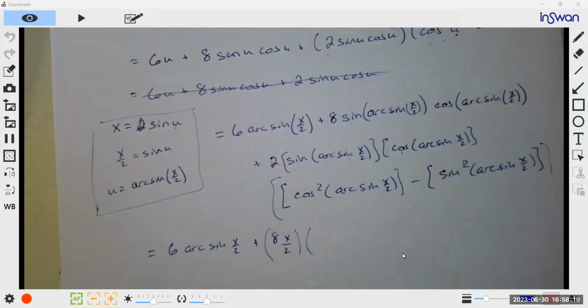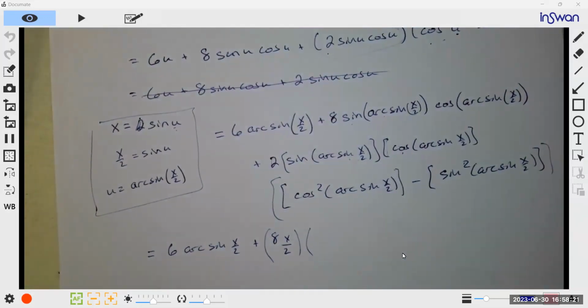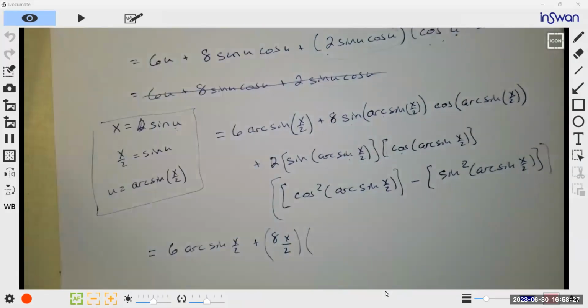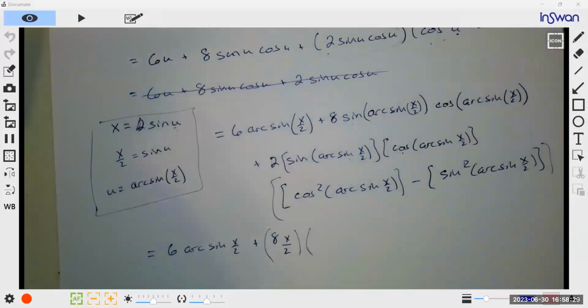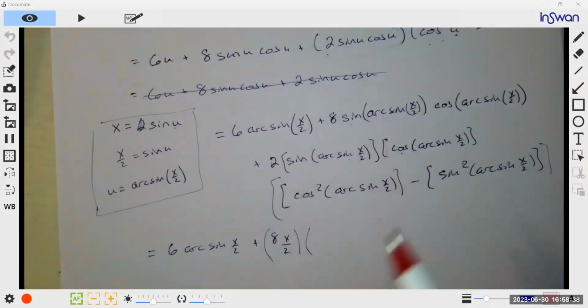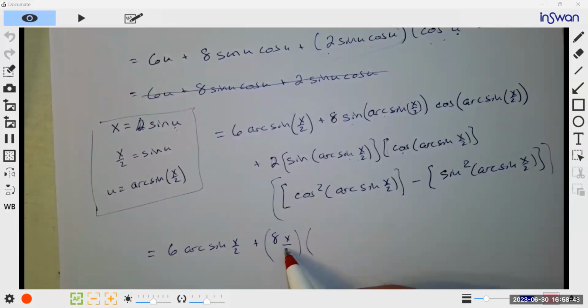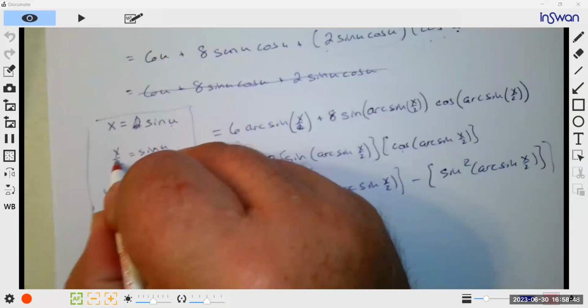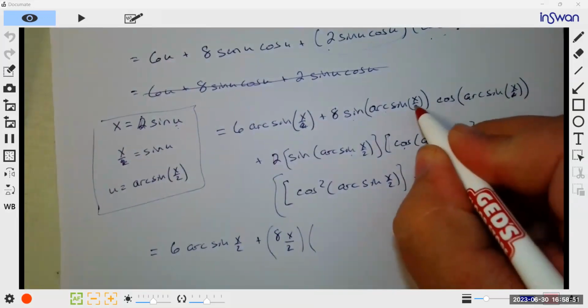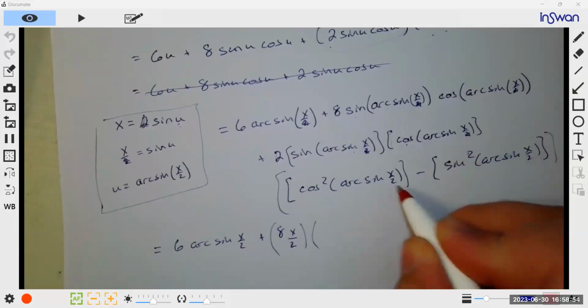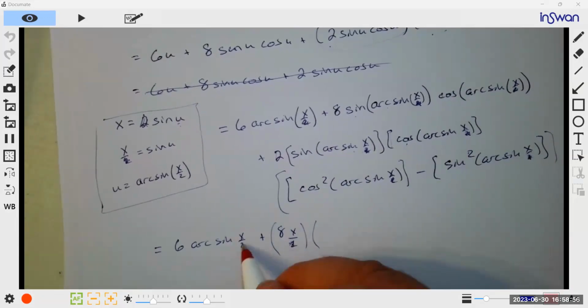Crap. The instructions said x equals sine u. Oh, it didn't tell us. Okay. So yeah, if we didn't have that, then let's make it just x. It'll make it much easier for us.